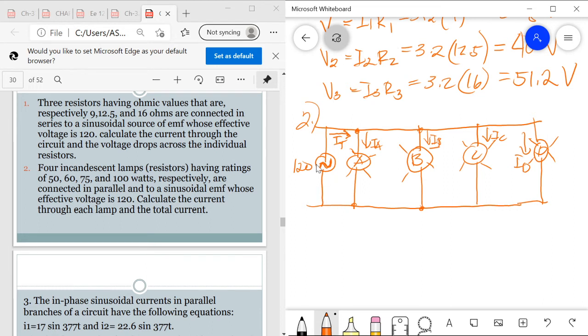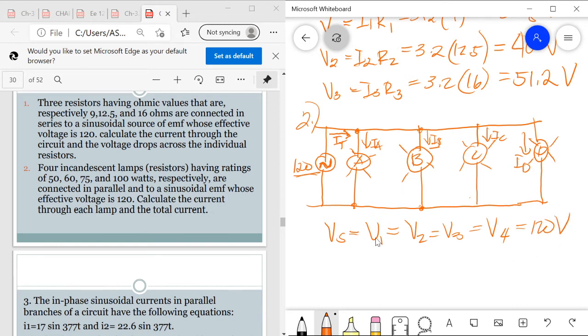So, dun sa DC nyo, the voltage source is equal to the voltage drop if it is connected in parallel. B1, B2, B3, B4. Voltage drop here, dito, tsaka dito, and dyan. It is equal to the source voltage 120 volts.